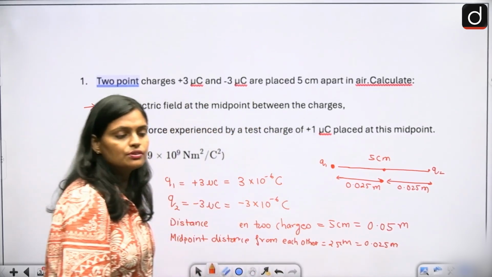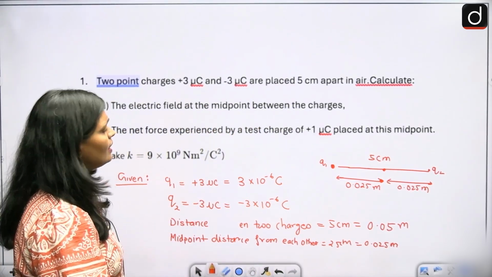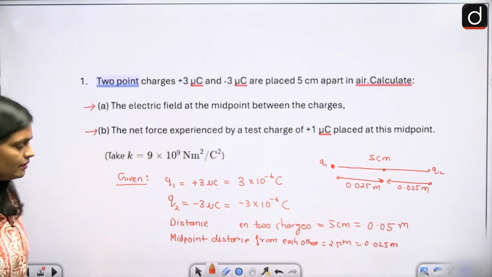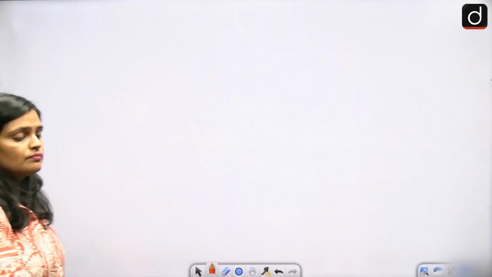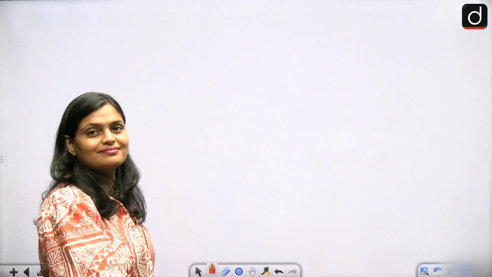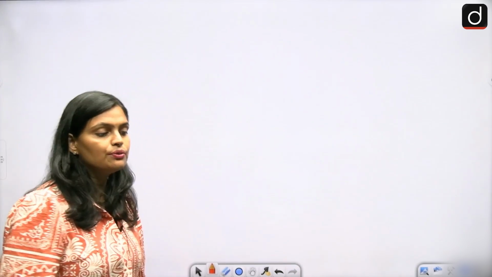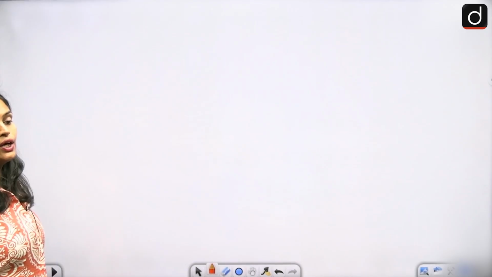Right, 0.025 meter. Now epsilon naught, you all know the value. What formula do you have to apply here? Simple. You need to apply the electric field formula.